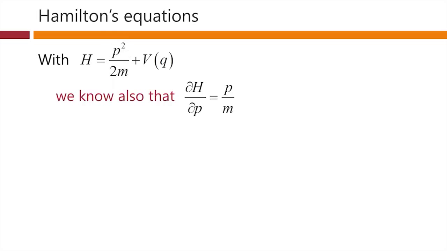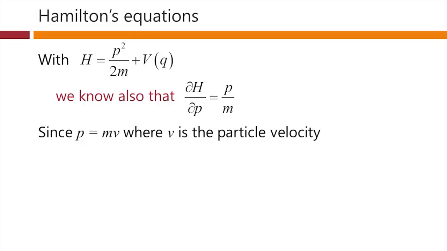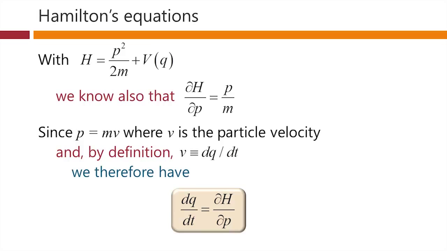That's the derivative of this term. This term does not depend on p. So, since p is equal to mass times velocity in classical mechanics, and by definition velocity is the rate of change of position, then we have that the rate of change of position is dH by dp, because p over m is just velocity.